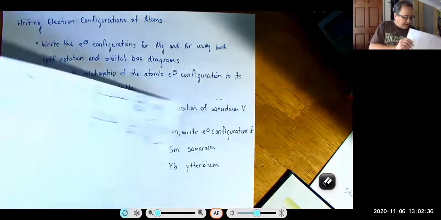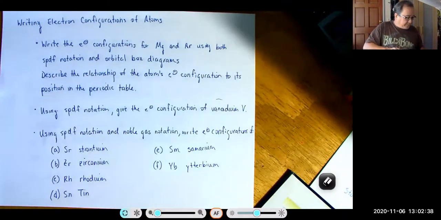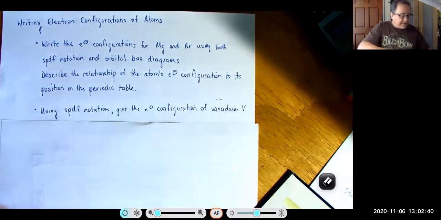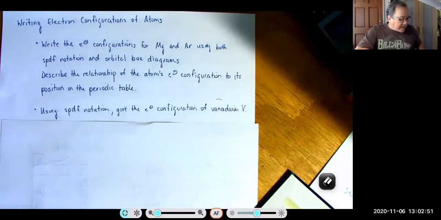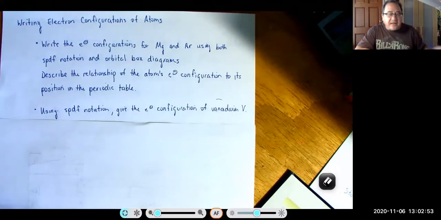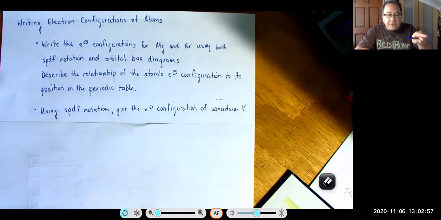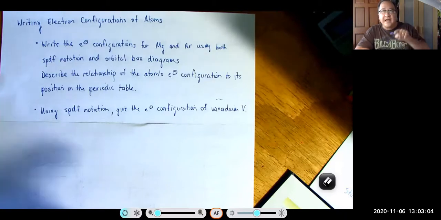Okay, let's try another one here. Give the electron configuration of vanadium. And I'm going to amend this to give me the electron configuration using the filling principle, and then give it to me after you rearrange. I want both, before you rearrange and after.